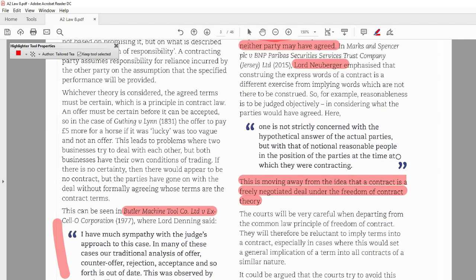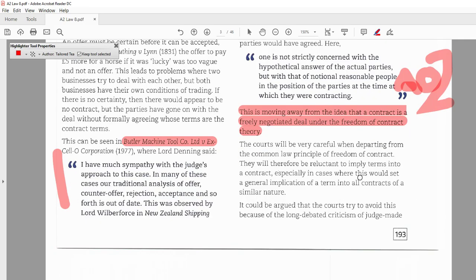I'd like to write AO2, but this pen is really fat. The courts will be very careful when departing from the common law principle of freedom of contract. They will therefore be reluctant to imply terms into contracts. So now they're saying the courts can intervene, however, they are reluctant because of the principle of freedom of contract. Again, that's an AO2 you can write.